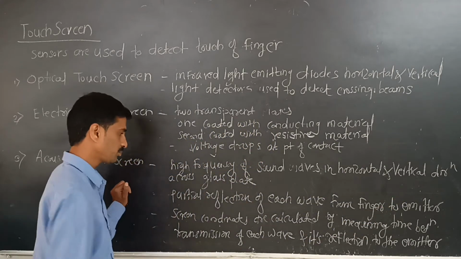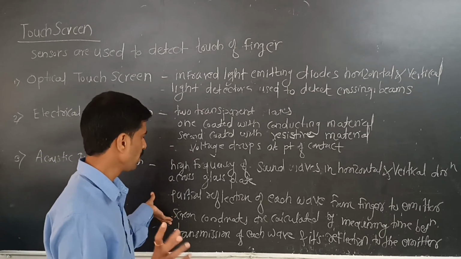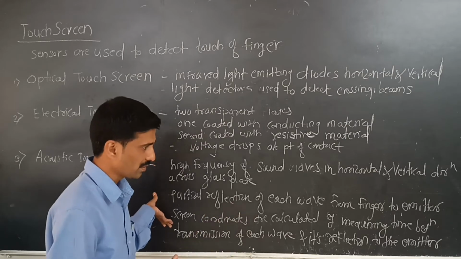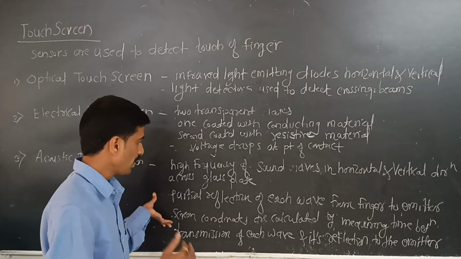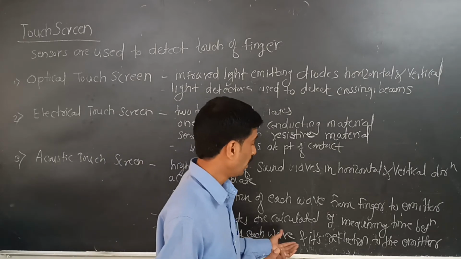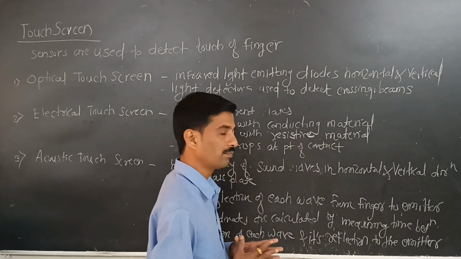And hence the screen coordinates are calculated by measuring the time between transmission of each wave and its reflection to the emitter.